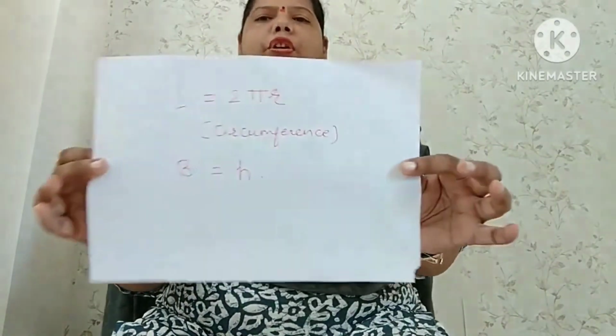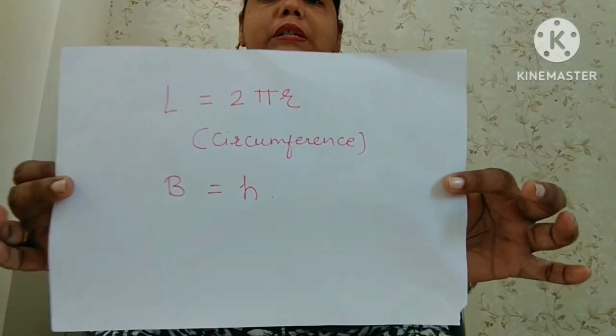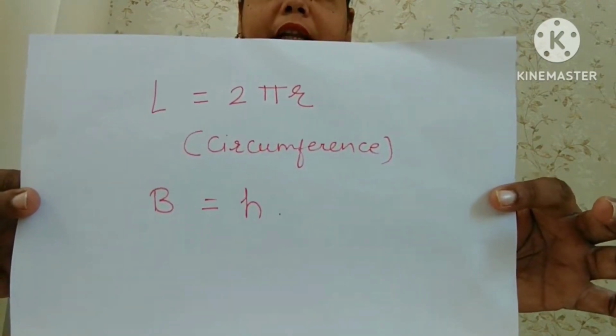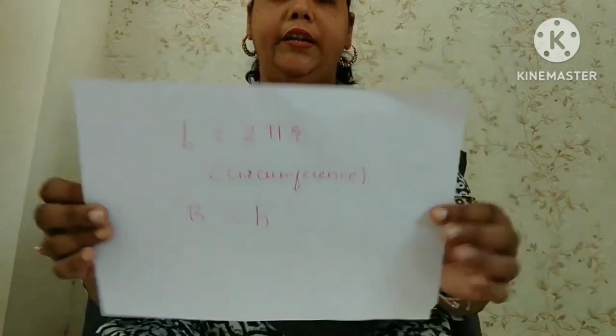And what about breadth? The breadth has changed now to the height. So if we want to find the formula for curved surface area of a cylinder, the length has changed to circumference and breadth has changed to height.